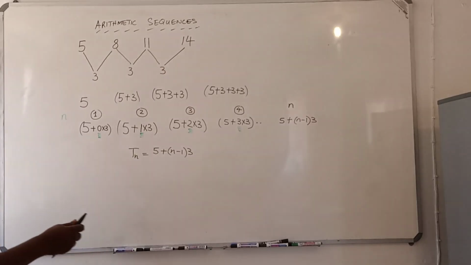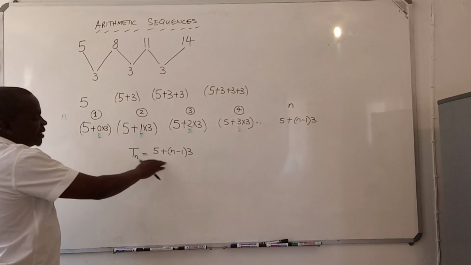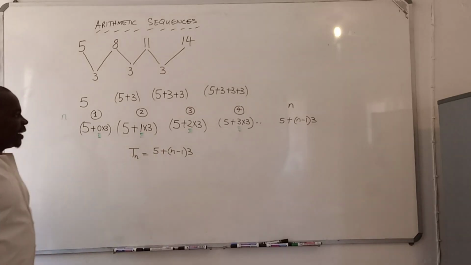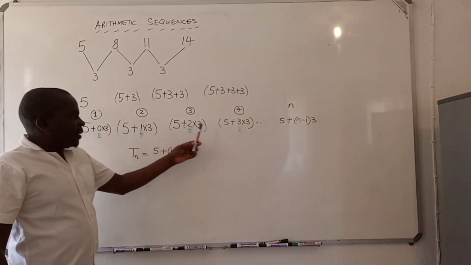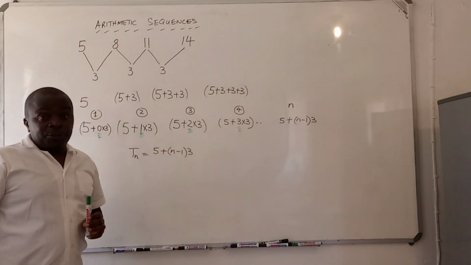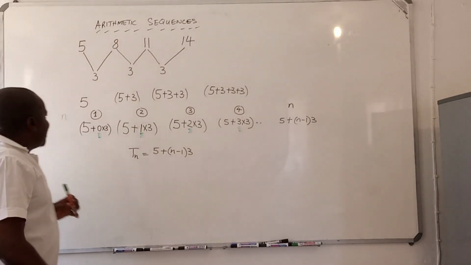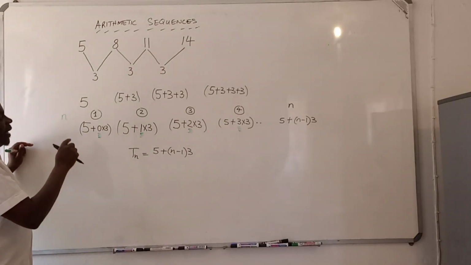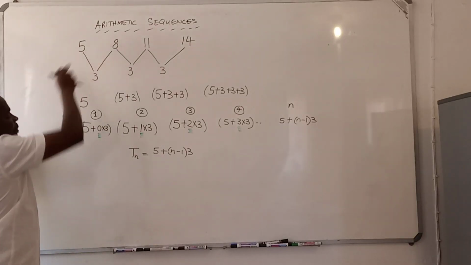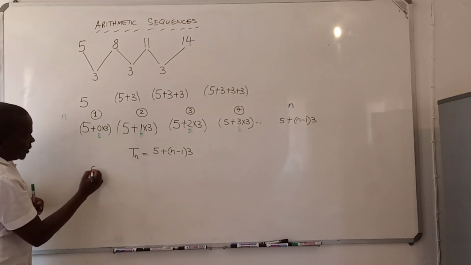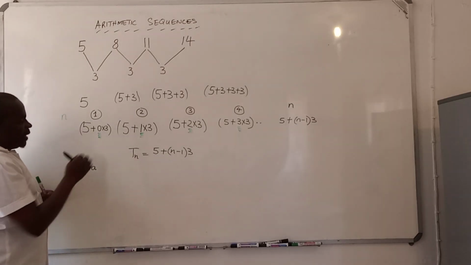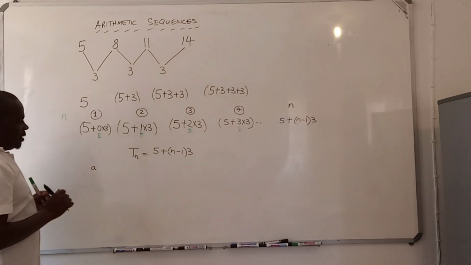Now, I want to introduce letters which will assist us in terms of generalizing. I will go back to this line here and make some substitutions. We're going to use the letter A to represent our first term. This is 0, you can leave it as it is.